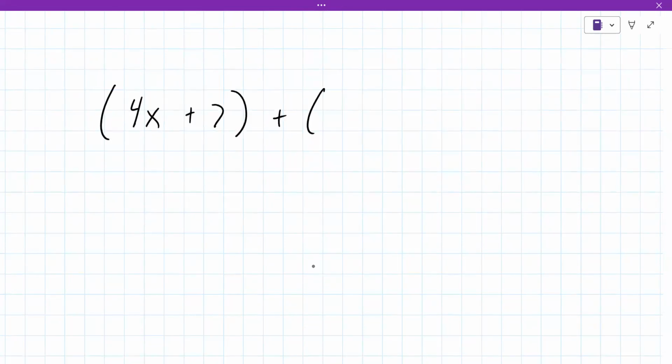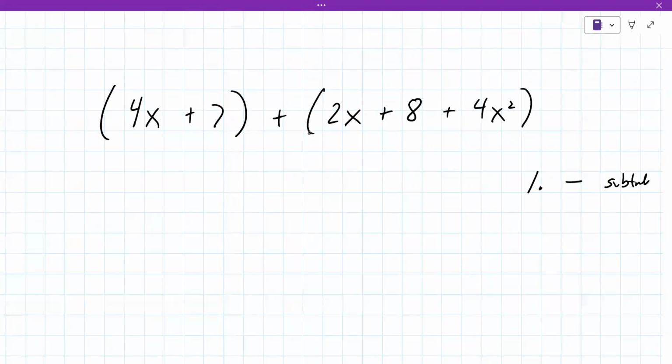So occasionally you get some problems like this. You get something like 4x plus 7 plus 2x plus 8 plus 4x squared, with parentheses, and you're wondering, why do you have parentheses? The parentheses are only needed in two situations. The first is when you have a subtraction sign in front, which you don't have.